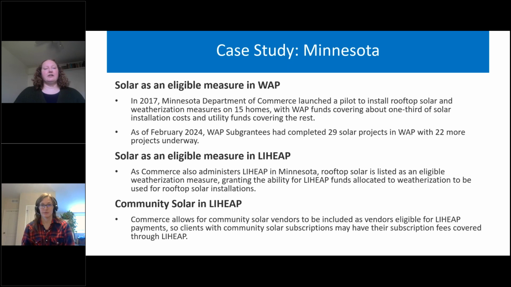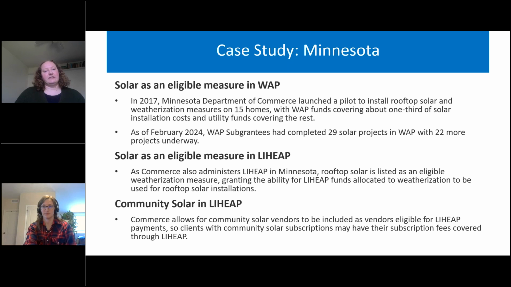Minnesota started their pilot in 2017, and so far they've completed 29 projects with 22 more projects underway. They use a diverse source of funding, which can offer complementary features. So they use WAP funding, LIHEAP funding, utility, and state funding to allow for flexibility in amounts, cost effectiveness thresholds, and applicable rules.